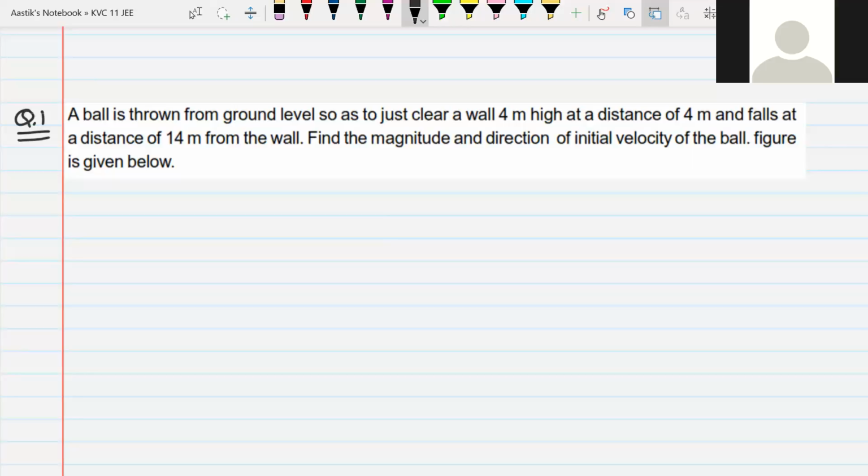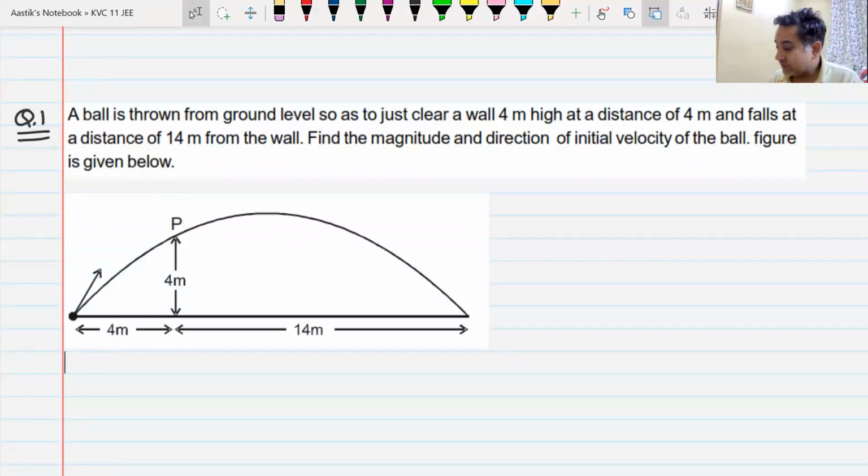Okay, so the hint is coming up and the hint is now on your screens. So this is the hint. This is how it clears the wall. Now can you get me the answer?